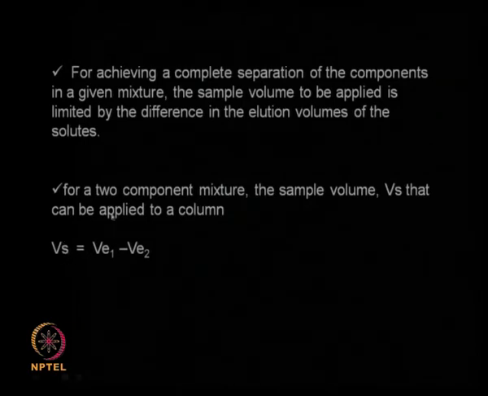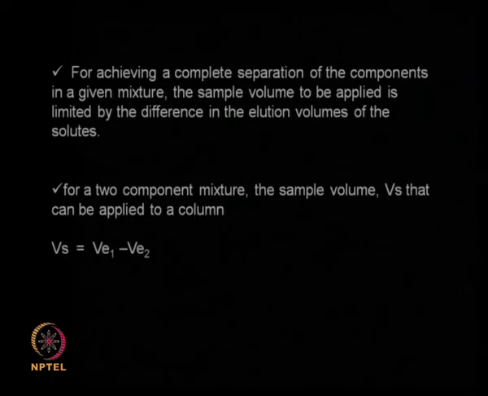okay. So Vs, that is the sample volume required, will be the difference in the elution volume of solute 1 and 2. So if the elution volume for solute 1 and elution volume for solute 2 are almost equal, then your Vs will become very small. What does that mean?